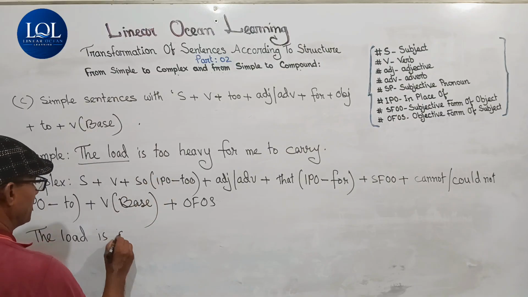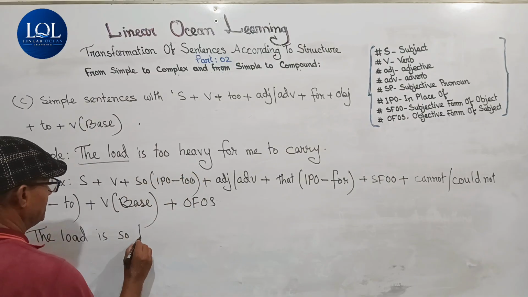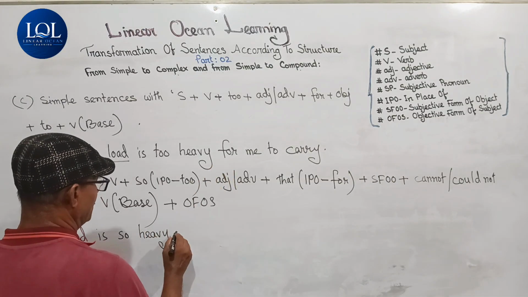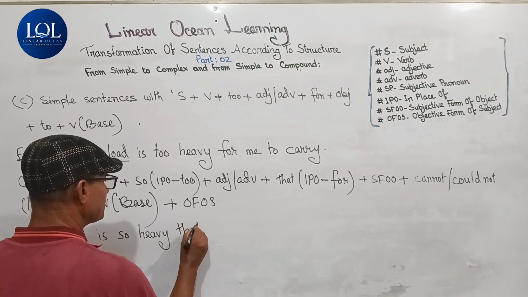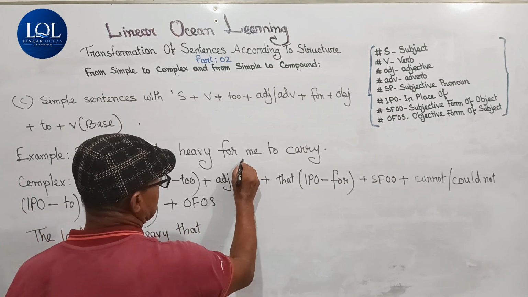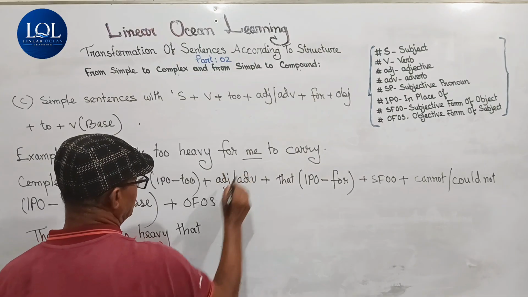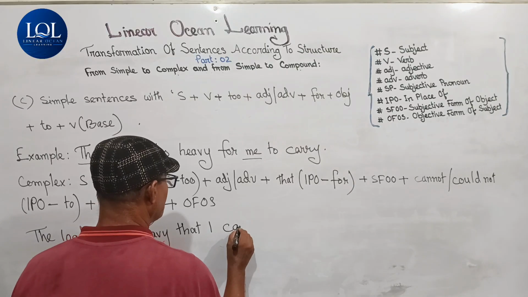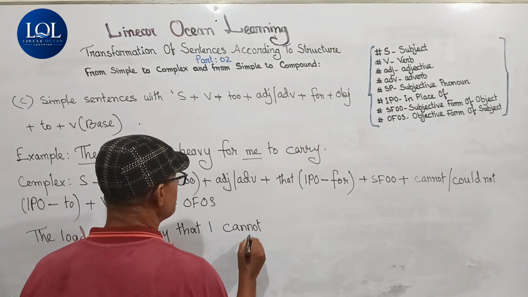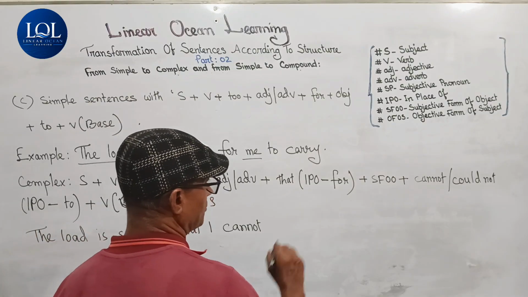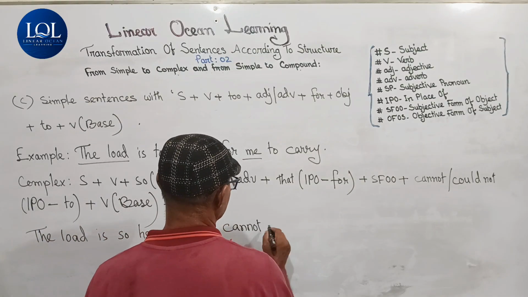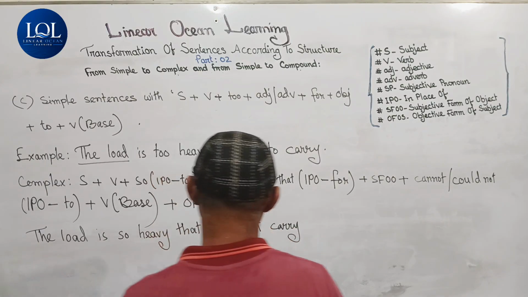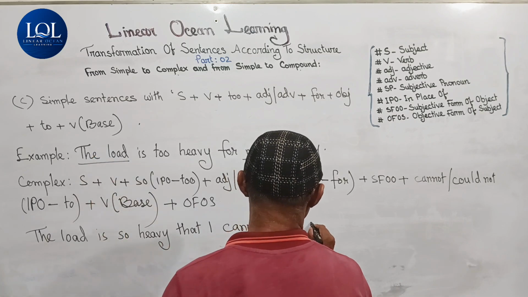In place of "to" we have to write "so", then adjective heavy, then in place of "for" it is "that", plus the subjective form of the object me, I. In place of "to" it is cannot. So long as the sentence is in present indefinite tense, it will be cannot, not couldn't or could not carry. Then the objective form of the subject, the load, will be it.